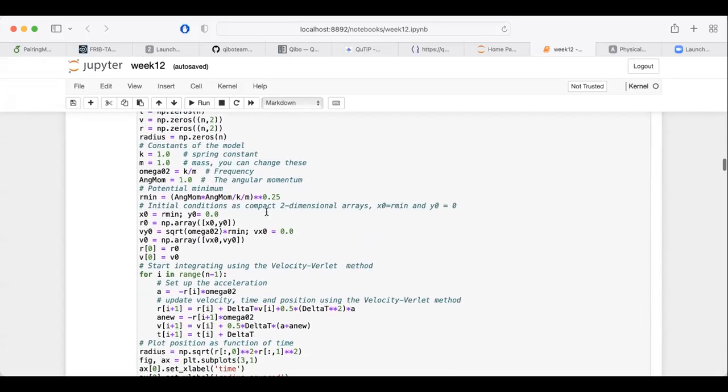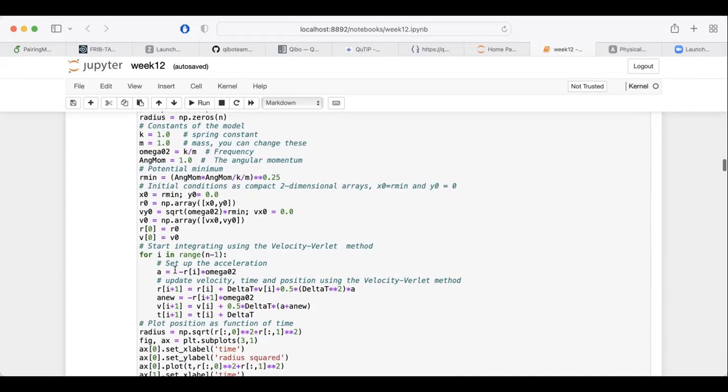You will see that all arrays are defined as arrays which depend on the number of time steps and the dimensions of the problem. So this is actually a matrix. And the only thing we do now is to define the acceleration to be given by the radius as a function of time times omega squared, as you've seen before. And this is solving the problem in Cartesian coordinates.